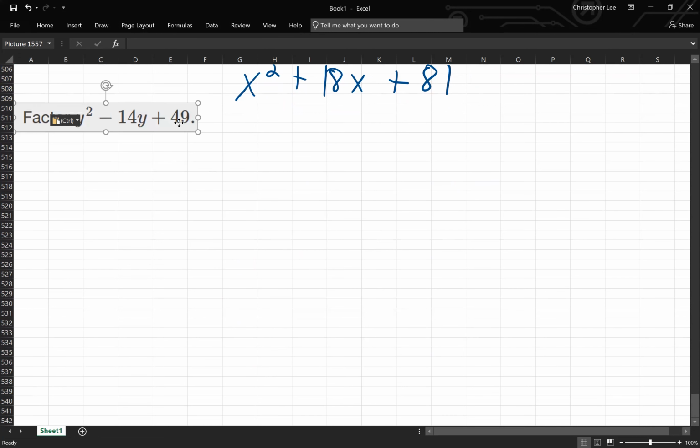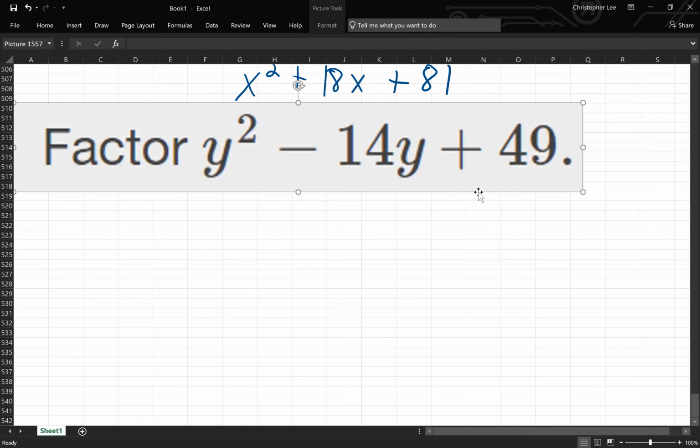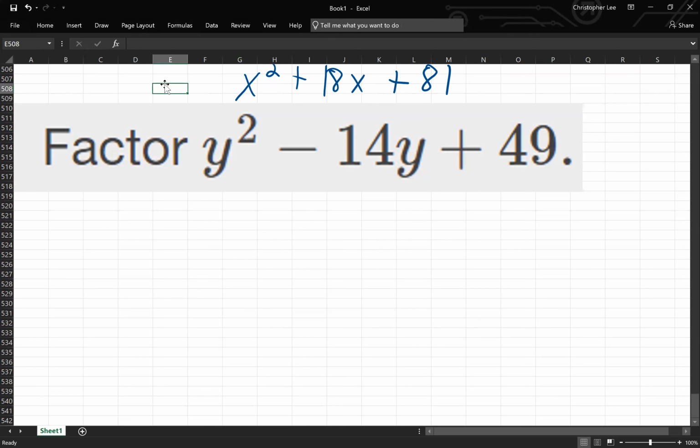How do I do this again? You do AC method.